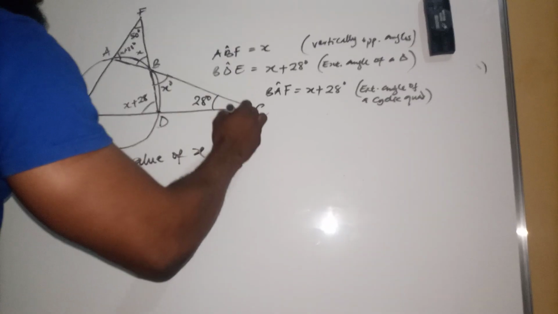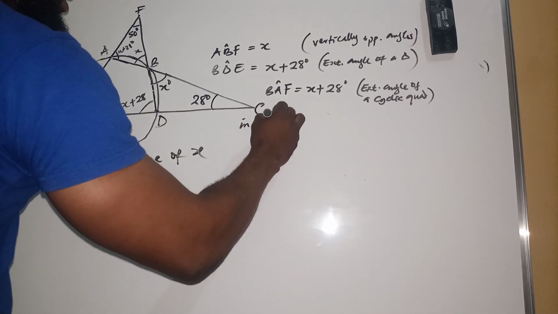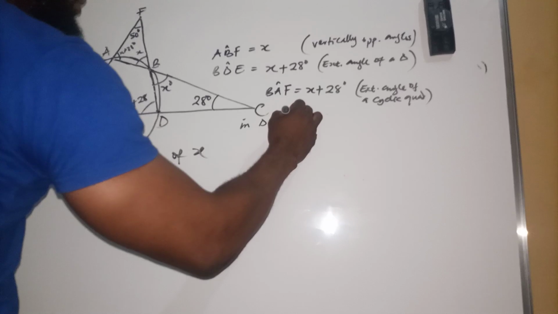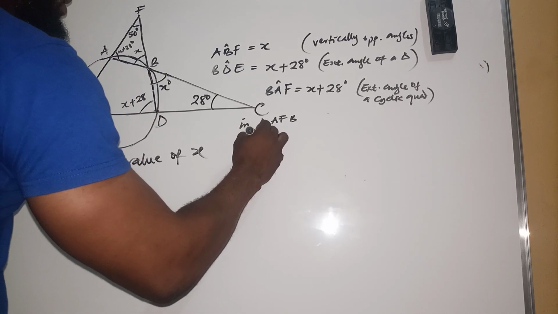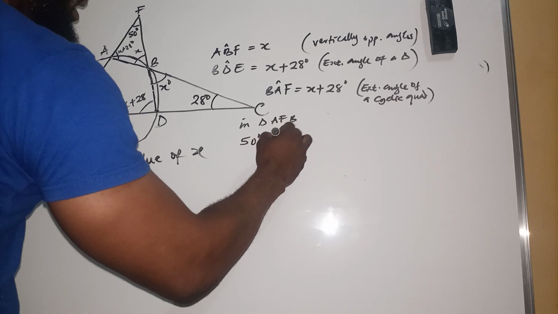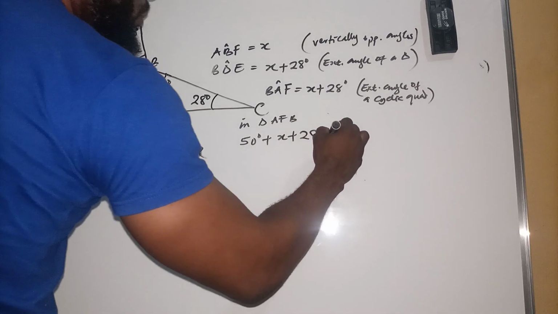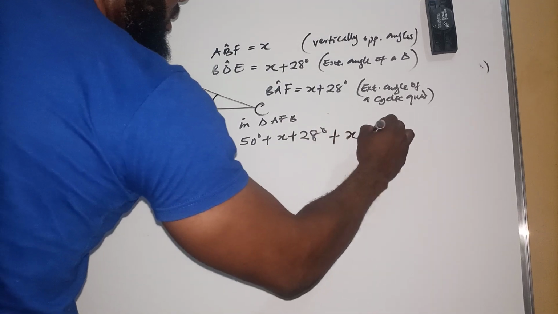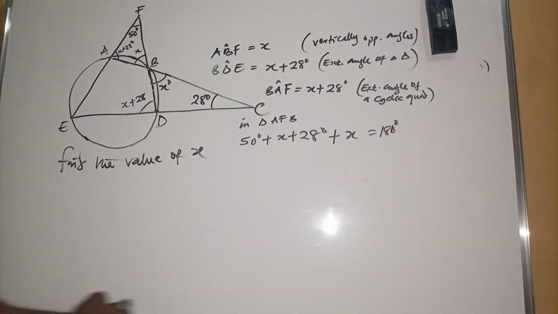Now we'll consider the triangle in general, which is triangle AFB: 50 degrees plus x plus 28 degrees plus x is equal to 180 degrees.